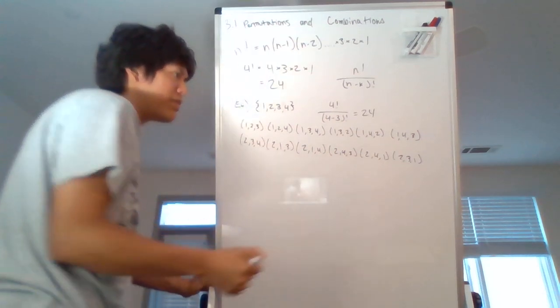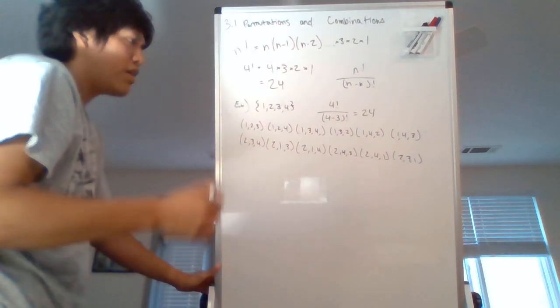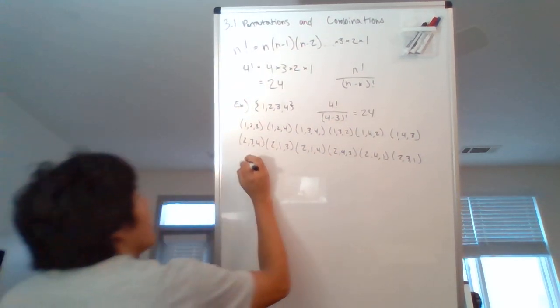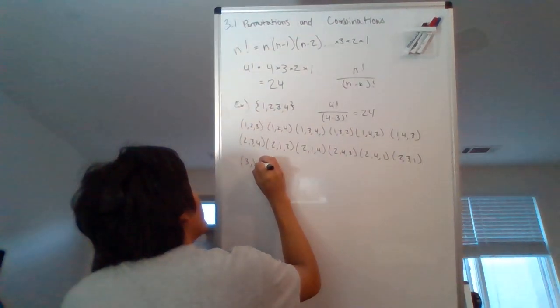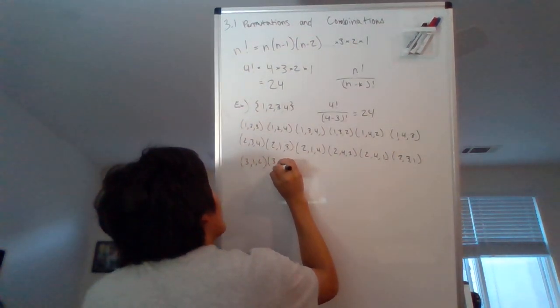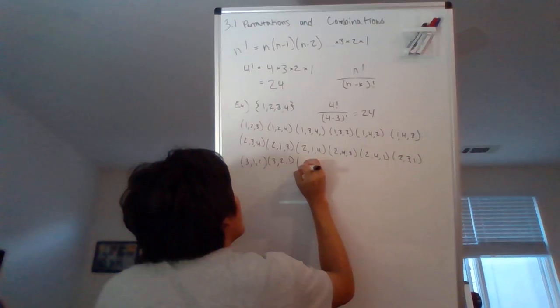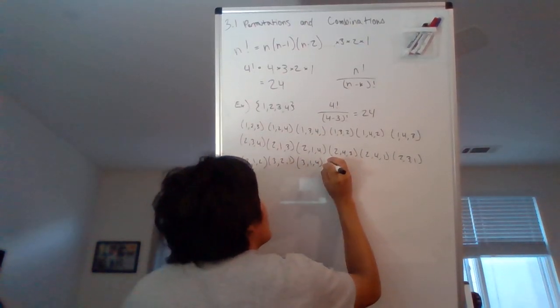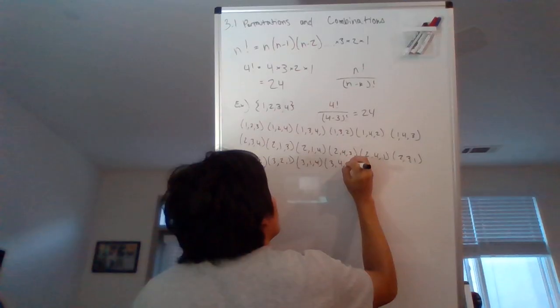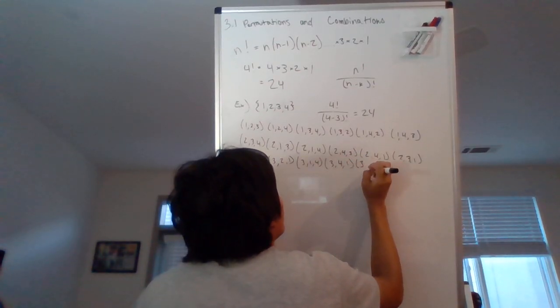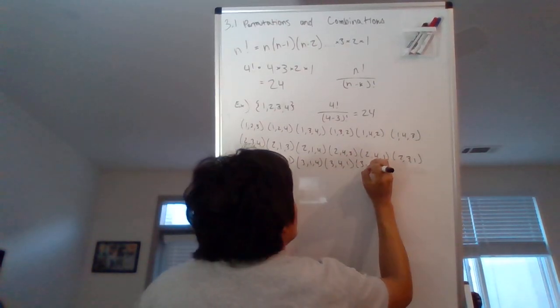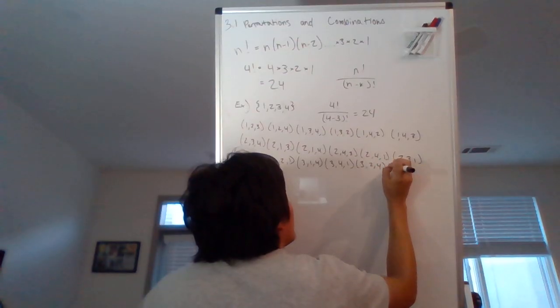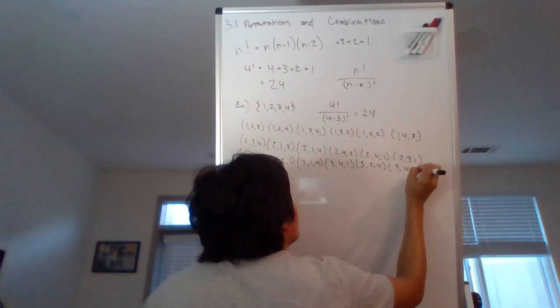Okay, now what about the ones that start with 3? 3, 1, 2, and 3, 2, 1. 3, 1, 4, and 3, 4, 1. And 3, 2, 4, and 3, 4, 2.